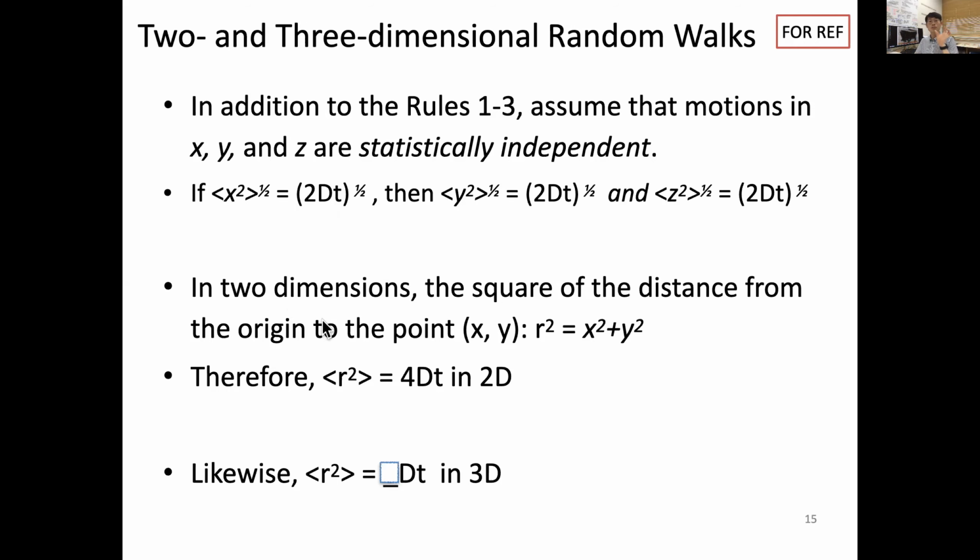So in the 2-dimensional case, the square of the distance from the origin to the point, R squared, will be X squared plus Y squared. If we have the RMS value of this, then it will be 2Dt plus 2Dt, resulting in 4Dt in 2D. Likewise, in 3 dimensions, instead of 2 and 4, it will be 6Dt.